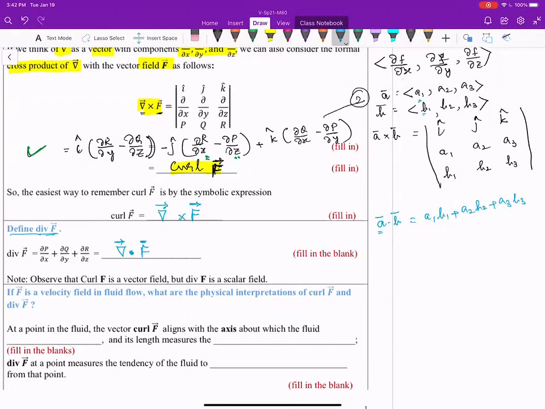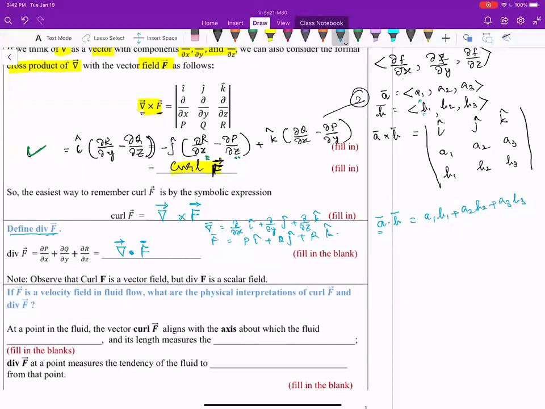So when you do del dot F, del has components dou by dou x, dou by dou y, dou by dou z. F has components p, q, and r.